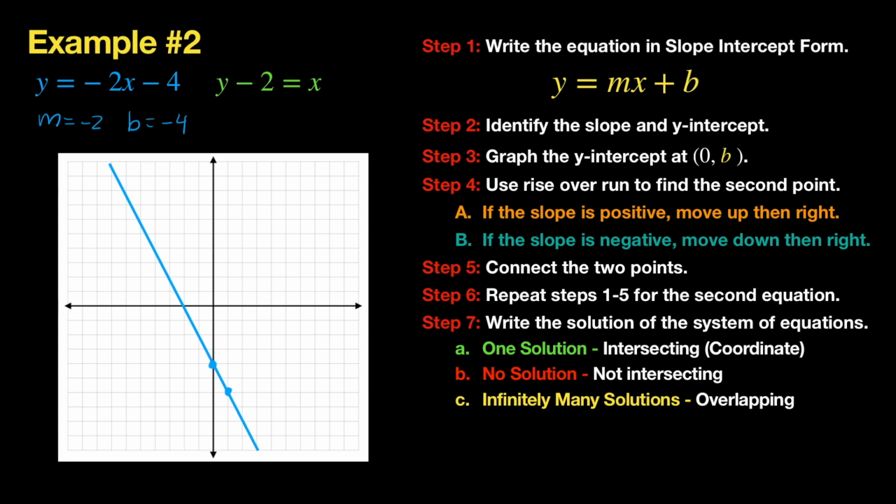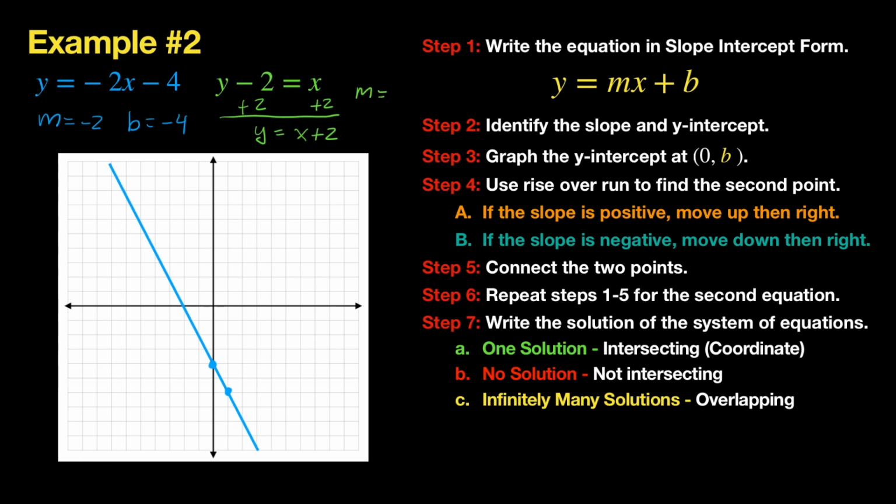This problem now is slightly different because the green equation is not in the format y equals mx plus b. So in this case, we're going to have to add 2 to both sides. With that, we're going to add 2 to both sides. And we have y is equal to x plus 2. Now, your slope in this case is going to be 1.